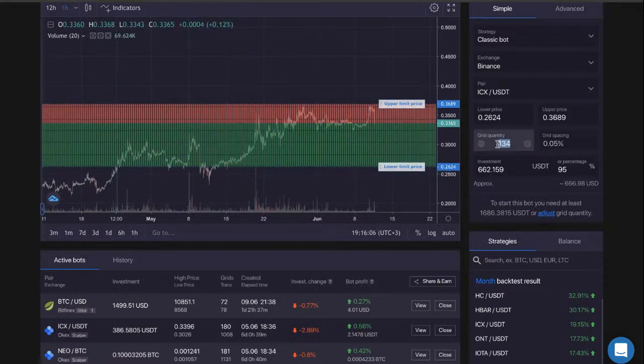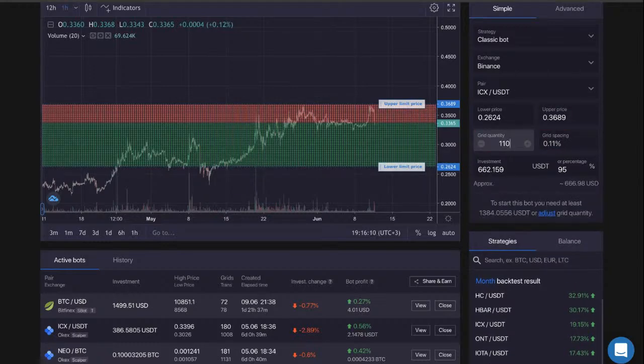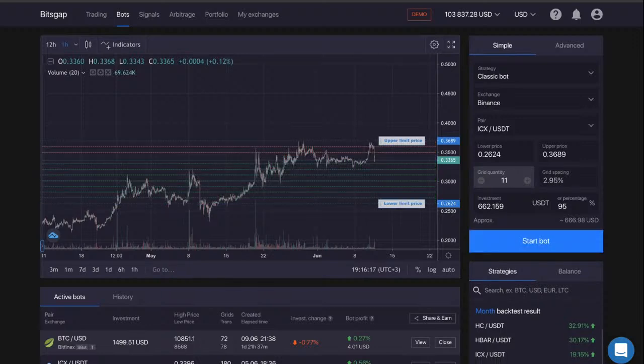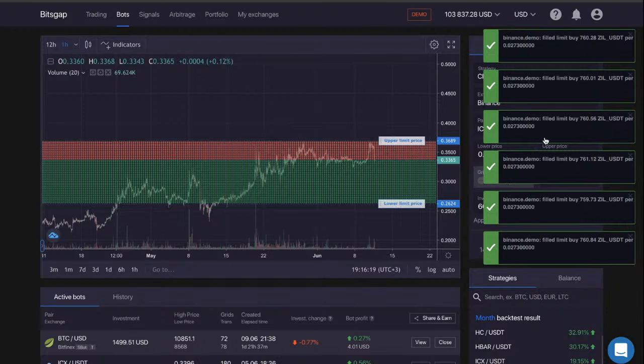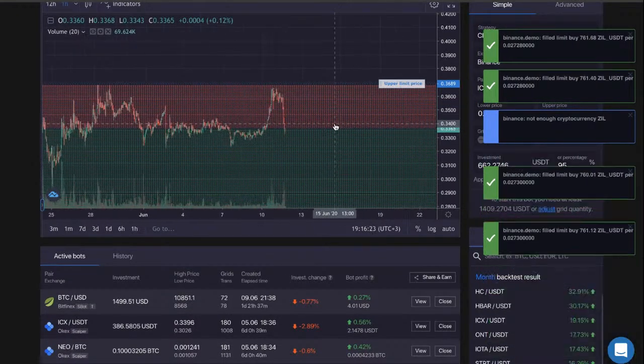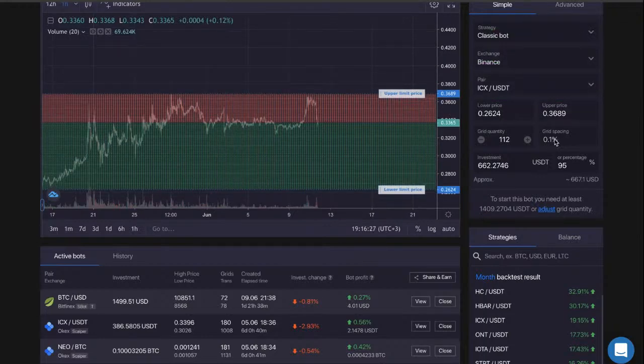So here, let's say I want 110. Yeah, so now you see the grid spacing is 0.11, and I can even put more. So now we have the minimum possible grid spacing for the classic bot at Binance.